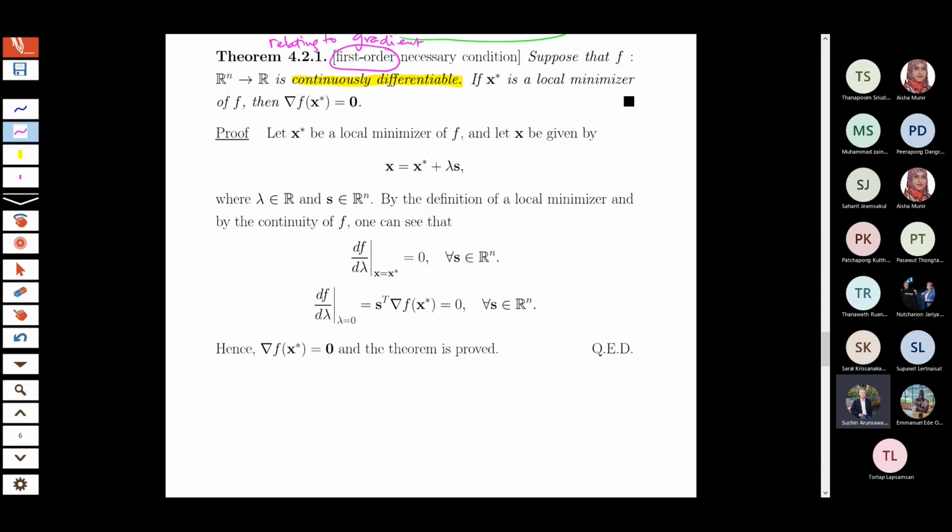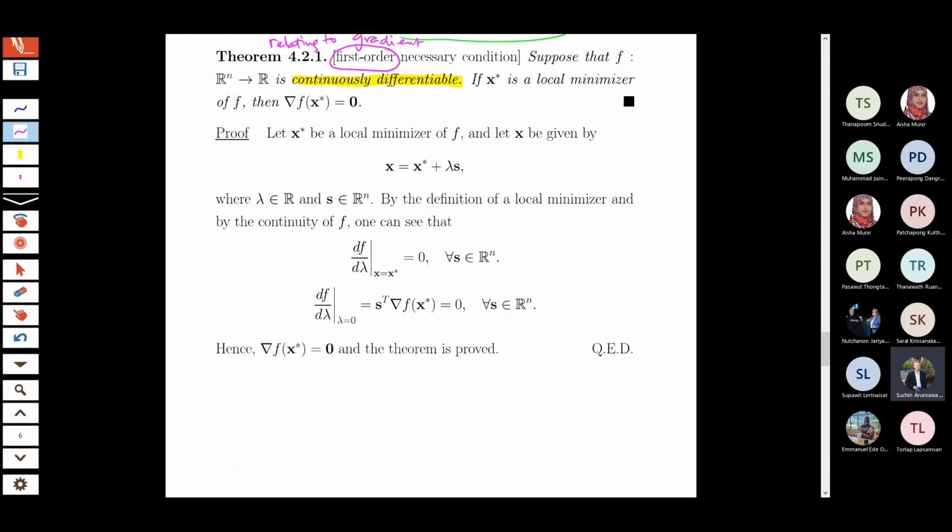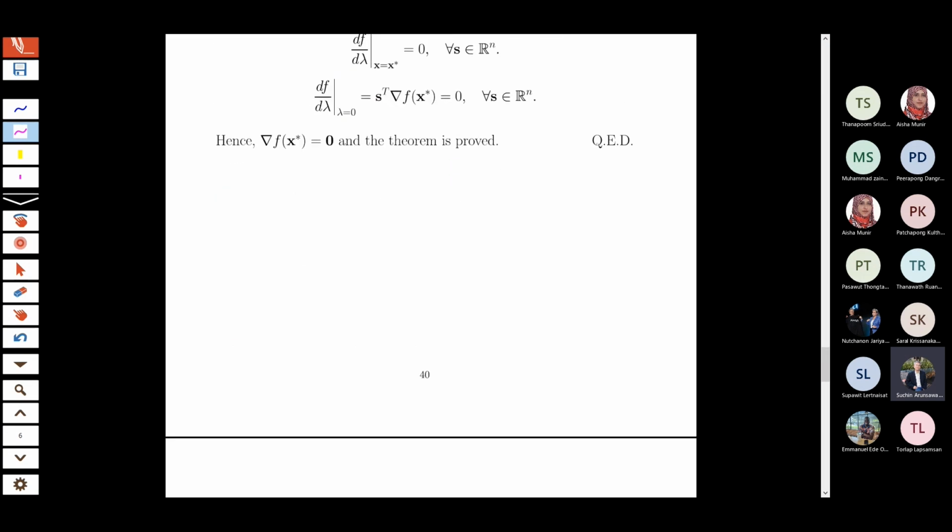In the proof we assume that x star is a local minimizer of the function f. Before we prove it, you have to understand what's going on. Start from the point x star.